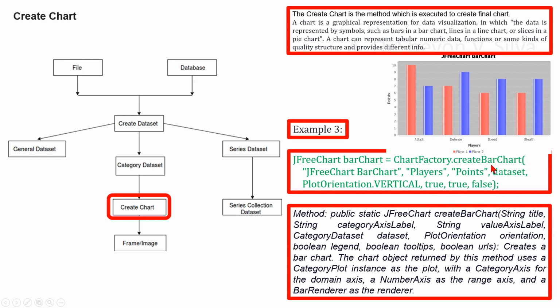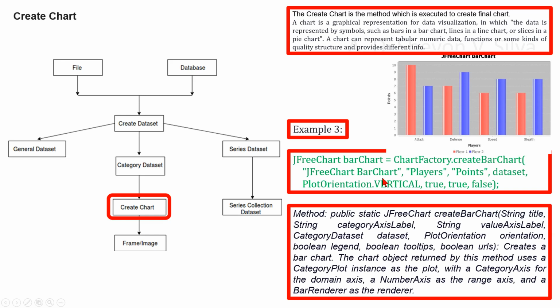The chart object returned by this method uses a CategoryPlot instance as the plot, with the category axis for the domain axis, a number axis as the range axis, and a bar renderer as the renderer.